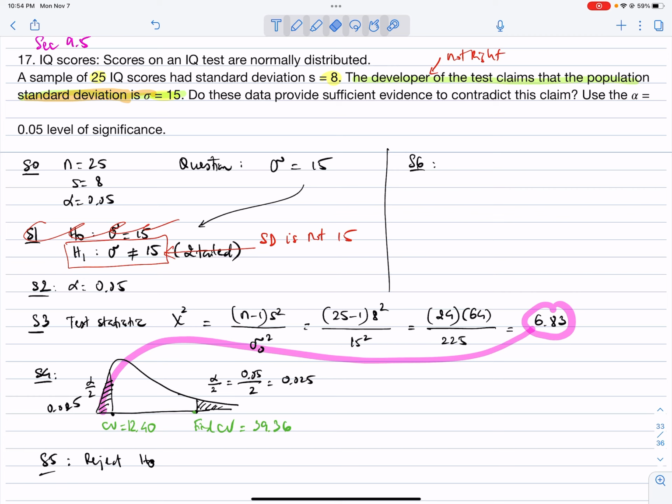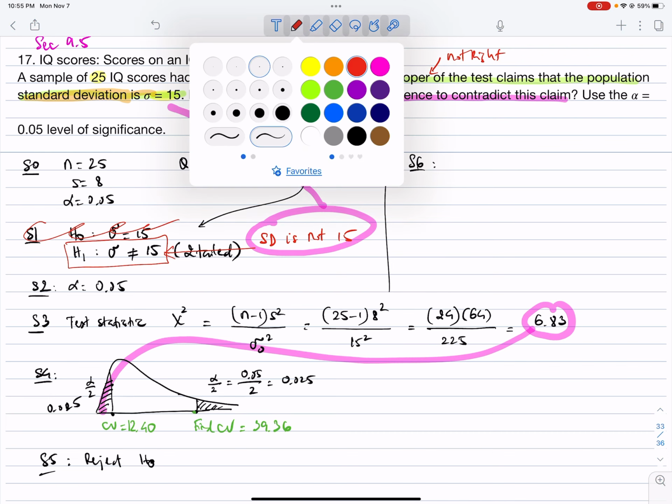Do the data provide sufficient evidence to contradict this claim? The data provide sufficient evidence, and of course it contradicts this claim, because a standard deviation not equal to 15 contradicts the standard deviation equal to 15.